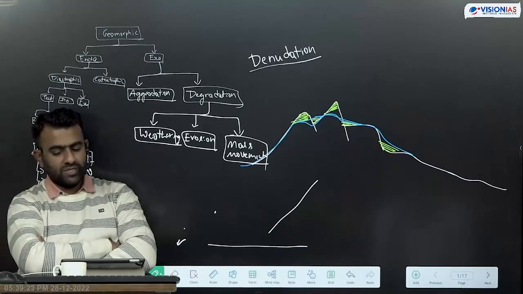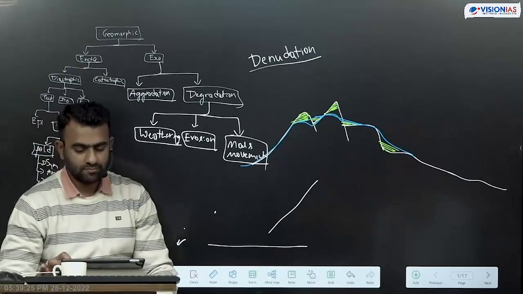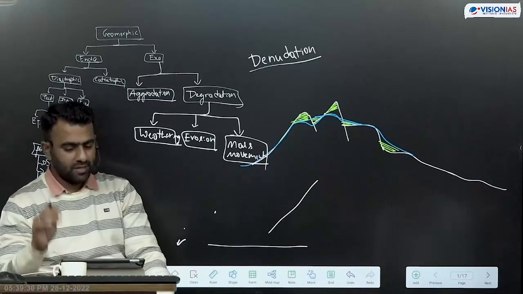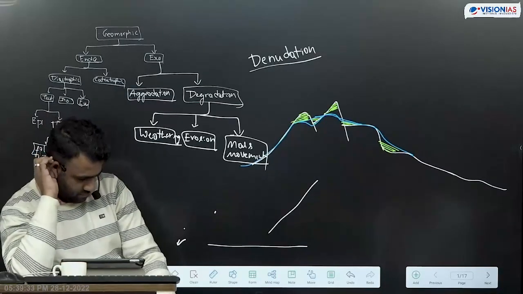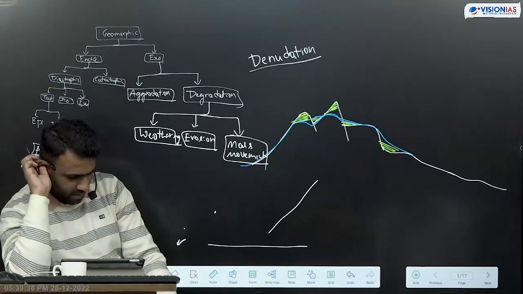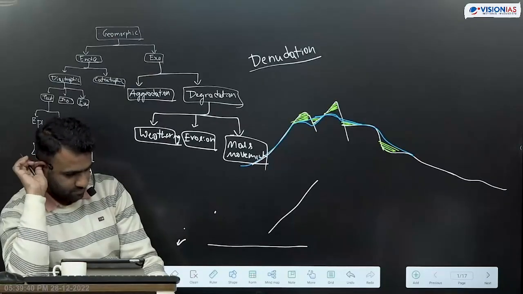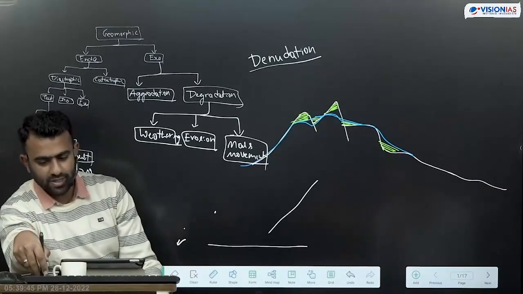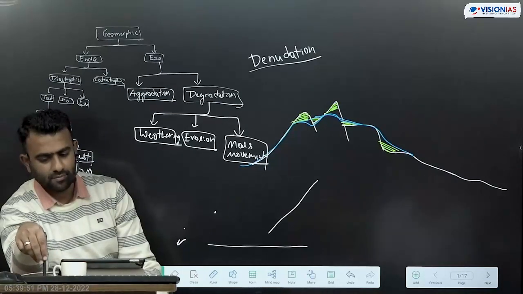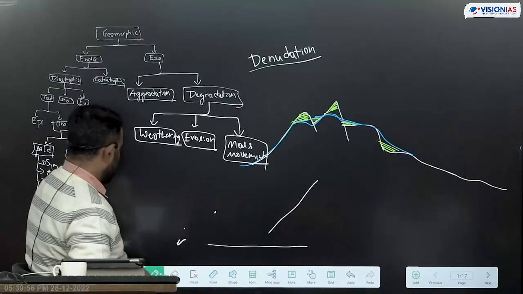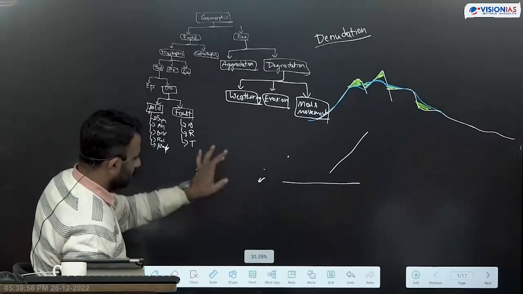Degradation involves weathering, erosion and mass movement. So next subheading, weathering.